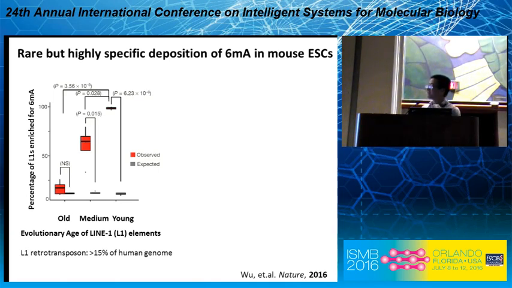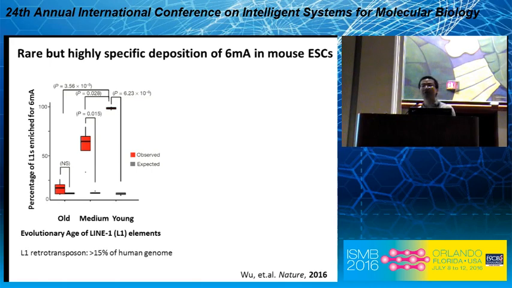What we found is that 6-MA in mouse embryonic stem cells is specifically targeted to the young full-length LINE-1 elements. A little background: L1 is a retrotransposon that constitutes more than 15% of the human genome. So that's really a huge component of the human genome, and 6-MA specifically targets the young L1s, but not the old L1s.